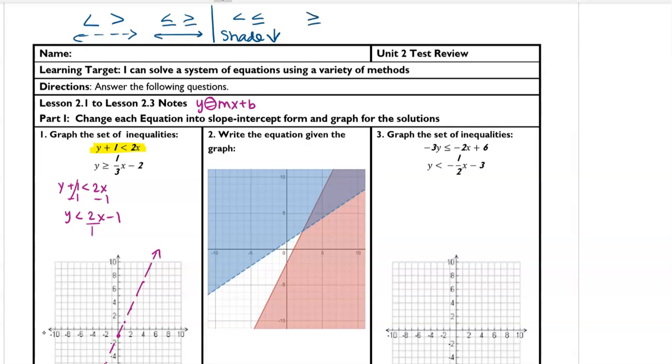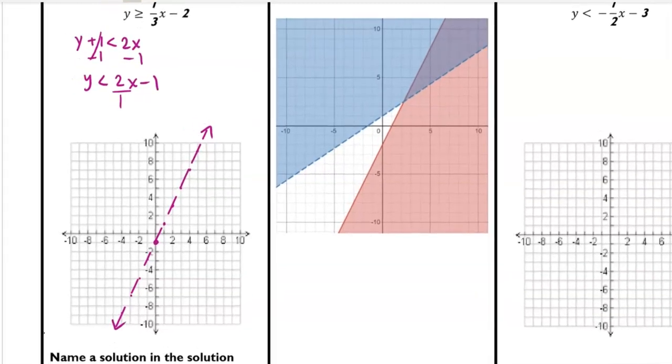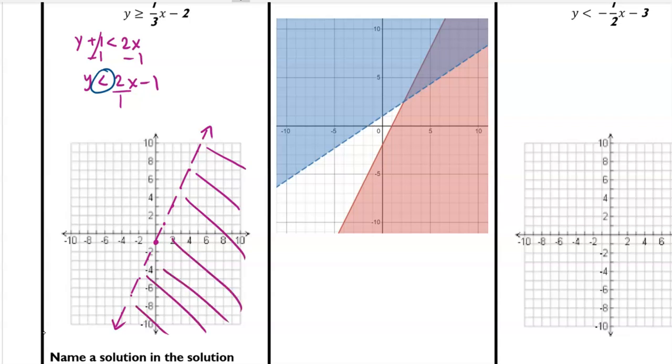And if we have greater than or equal to or greater than, we shade above. So this line, we have a less than, so we're going to shade below the line. All right, now we can go ahead and plot our other line.